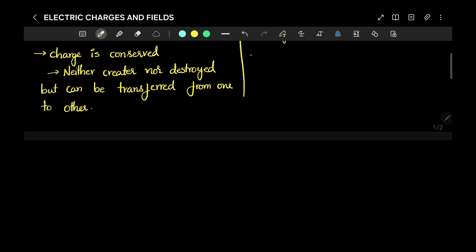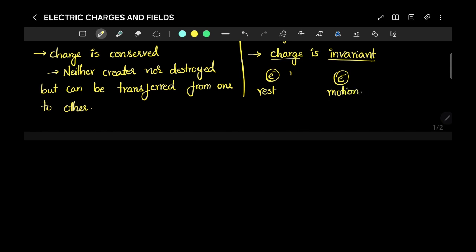The next one is charge is invariant. What is meant by charge is invariant? For example, take an electron. Whether the electron is at rest or in motion, the magnitude of the charge on it doesn't change.